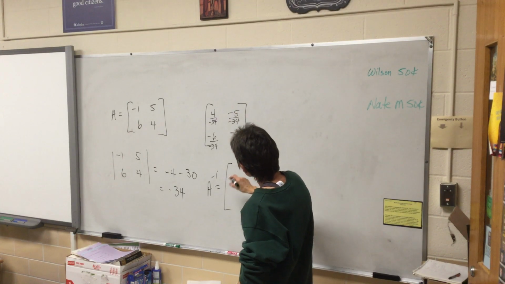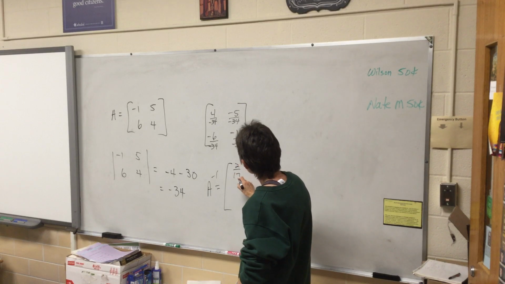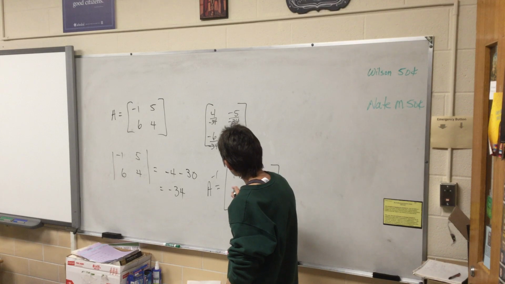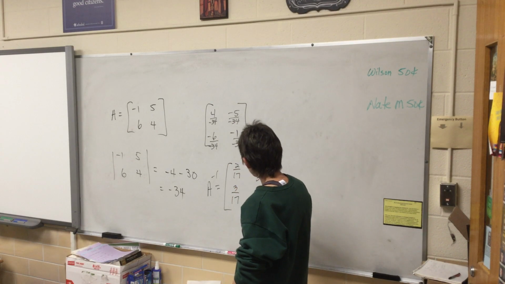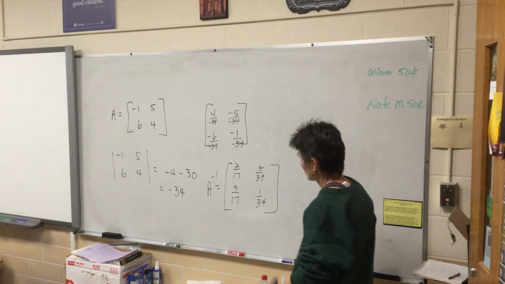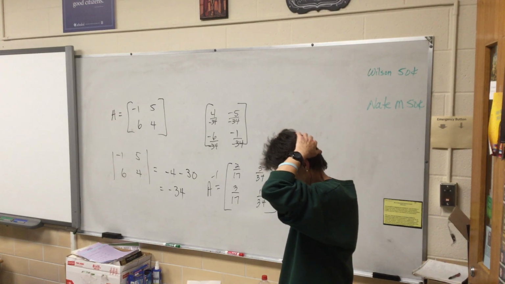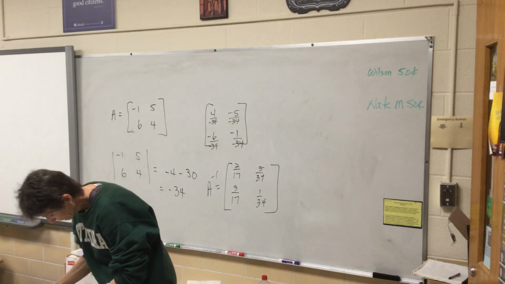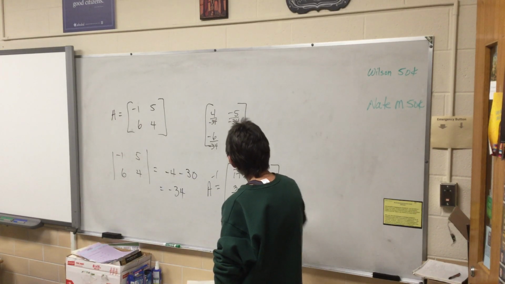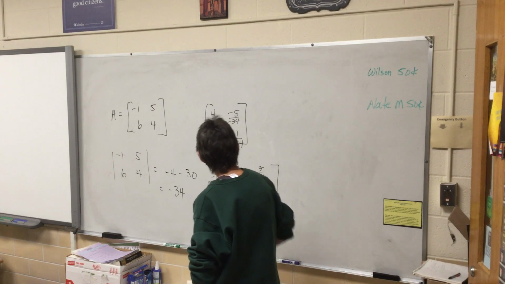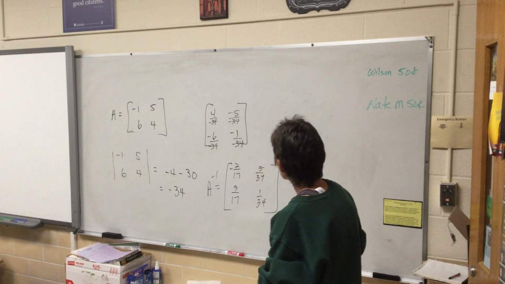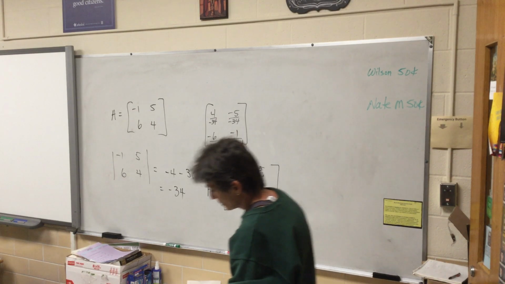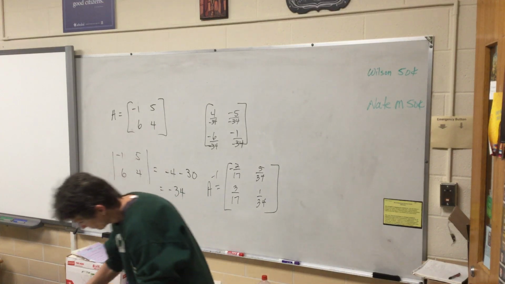So your final answer will be 2/17, 5/34, 3/17, and 1/34. Does that ring some bells? Would it be -2/17? Yep, because that was a positive, thank you. All right, hopefully that rings some bells.